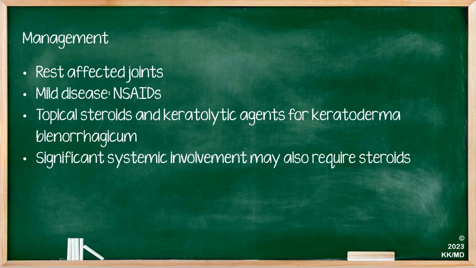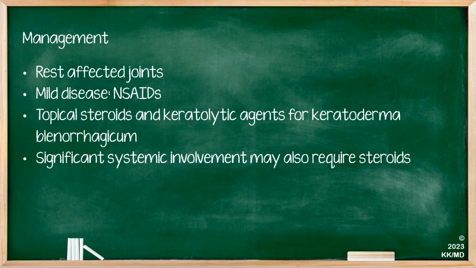In terms of management of this condition, it's really quite conservative in terms of what can be given. Number one advice would be to rest the affected joints, and if you are particularly troubled by a mild disease, you can consider using NSAIDs.